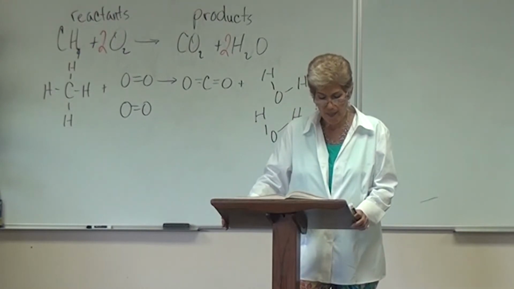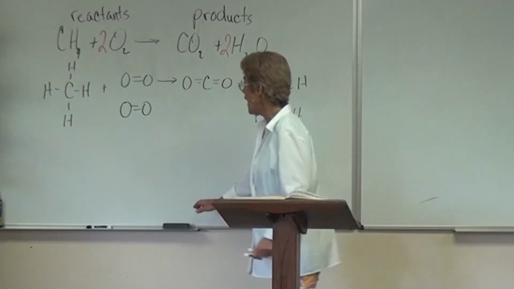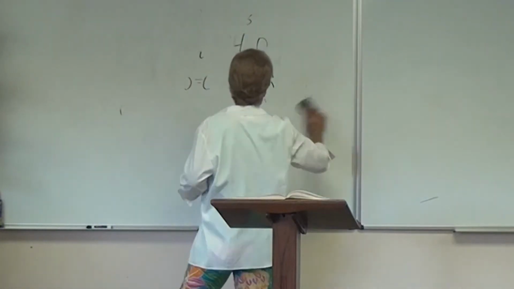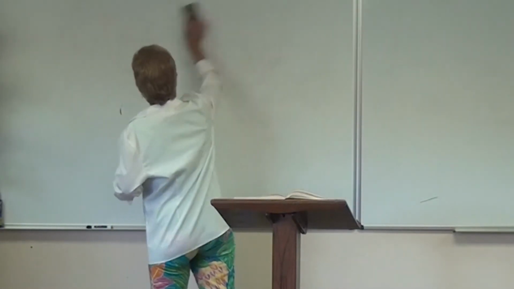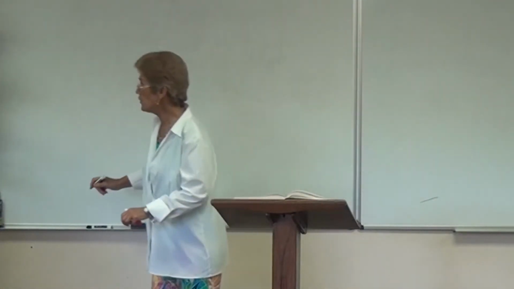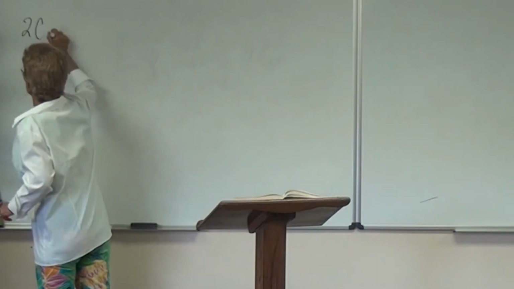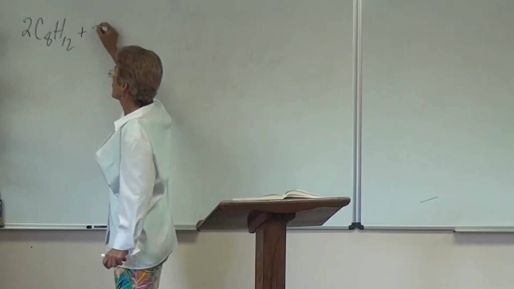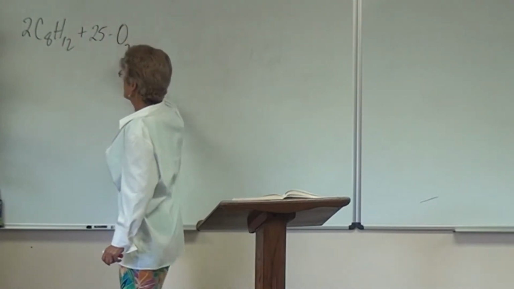A, write the chemical formulas of the reactants in this equation. All right, you guys tell me, what are the reactants in this equation? Go ahead, give it to me. Good. And 25 of it. Thank you.